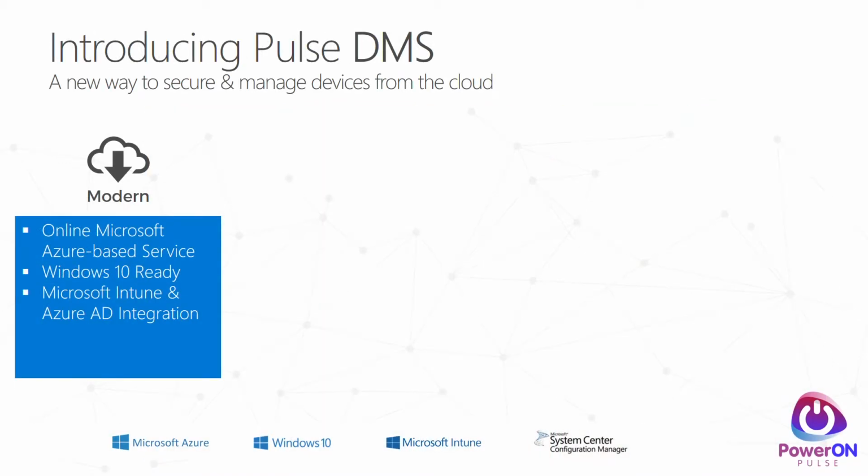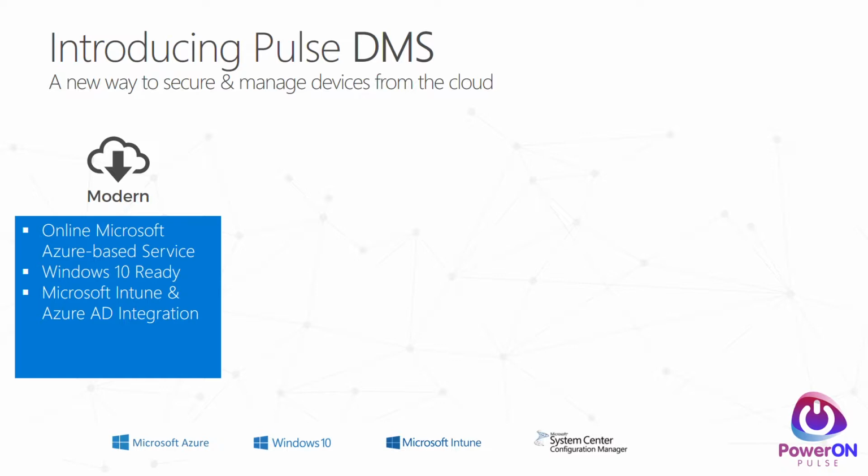So allow me to introduce you to Pulse DMS. I'll start by taking you through a high-level overview of the capabilities, how it architecturally compares with on-premise solutions, and then we'll go through a demonstration of the service itself with Steve. As mentioned, Pulse DMS is designed to provide all of the on-premise capabilities of Configuration Manager, but delivered from the cloud.